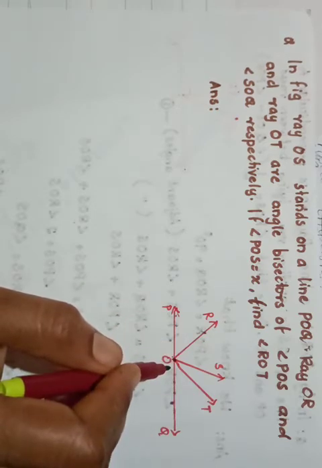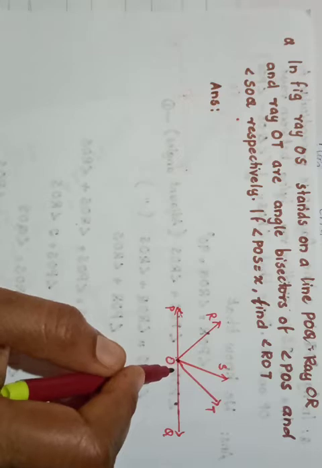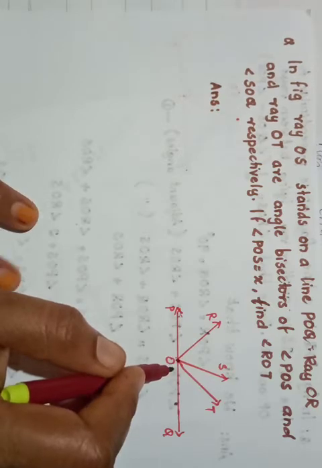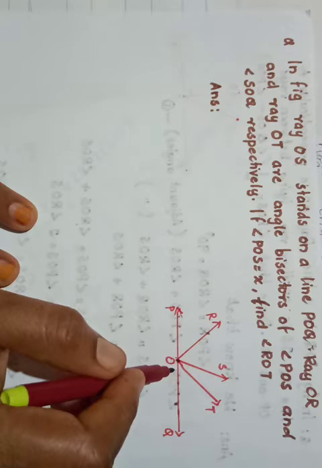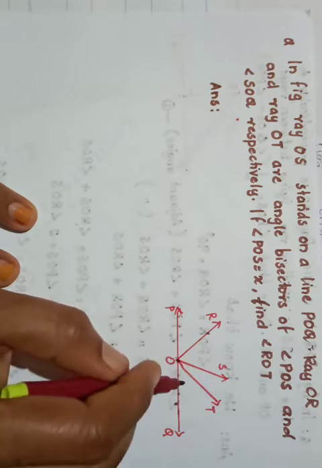So once again you got a term, angle bisectors. What is meant by angle bisectors? Bisecting the angle, making half the angle.